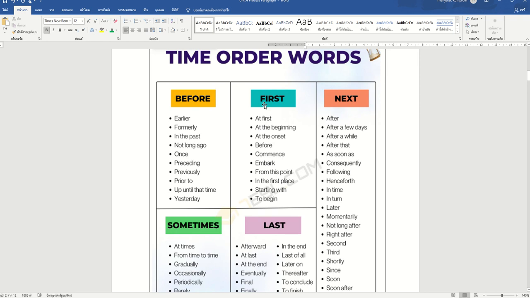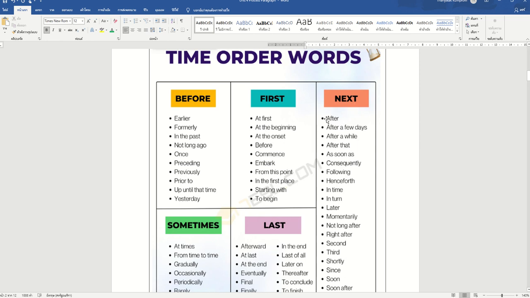And then what? First. Apart from first or firstly, you can use the words from the list right here. And then second, right? There is no second here. There is no third here. But next.